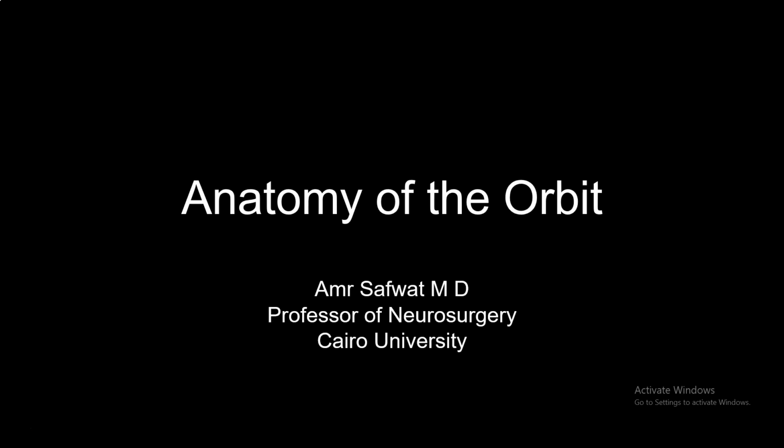Also, it is the site of a great variety of pathologies in this small region. So, having a good knowledge of the orbital anatomy is very important because many of the orbital lesions are within the armamentarium of neurosurgery.